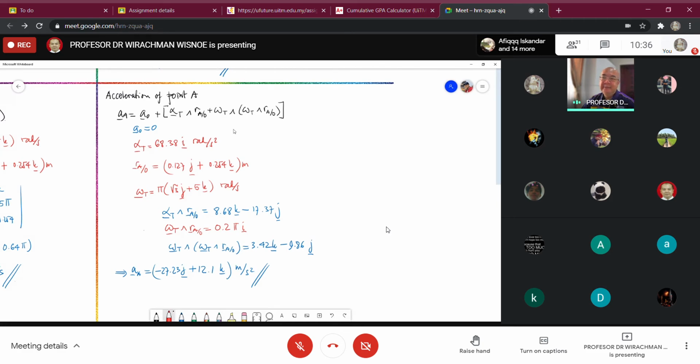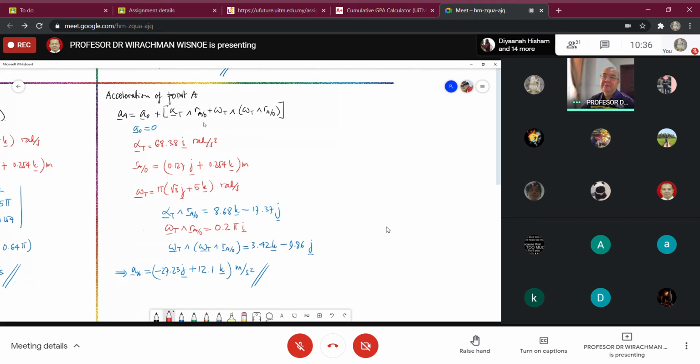So it's the same. Last time we always wrote that the acceleration of A equals the acceleration of O plus the relative acceleration of A with respect to O. And the relative acceleration of A with respect to O consists of normal component and tangential component. So this is the case.